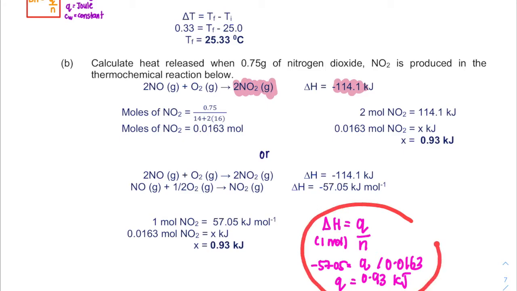Kita guna formula yang inilah. Okay, why we can't use delta H straight away? Sebab this one is actually for 2 mole. Kalau nak buat guna ni, make sure yang ini nak jadi 1 mole. So, divide lah all the equation as well as the value. Okay, so that is for question number 2. 2B ni is quite straightforward.